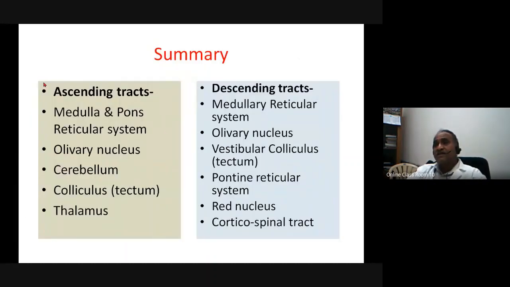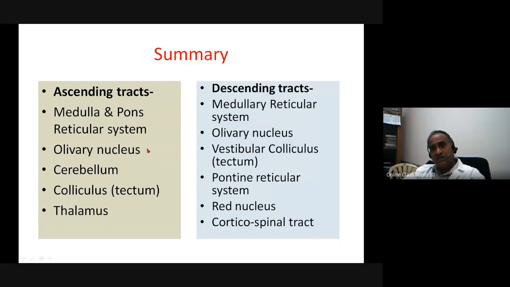To summarize, just try to remember what are the areas it should reach. Then it would reach to medulla and pons, and in the medulla and pons reach the medullary and pontine reticular system. That is ascending tracts. Fibers going from the spinal cord to the olivary nucleus.